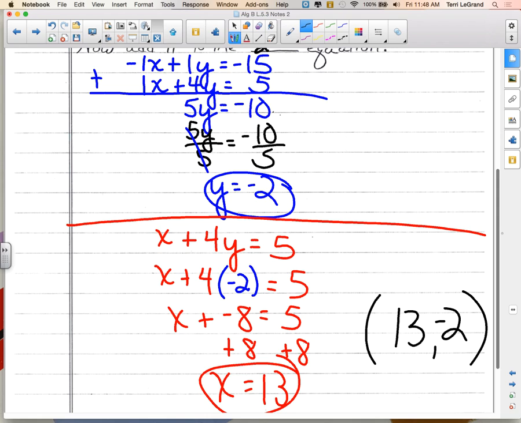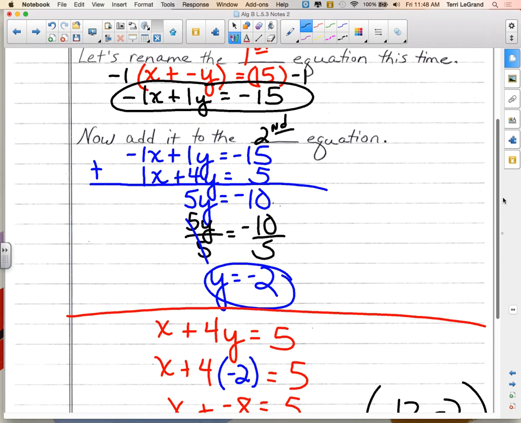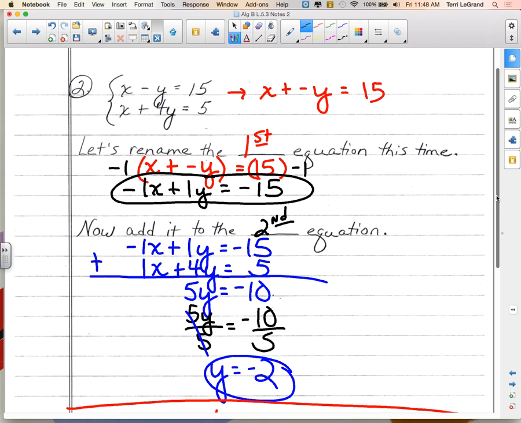Okay, the reason we would solve for the y first is this, because we're going to create opposites in the x. Can we, right now, if we multiplied one of the equations by -1, would we create opposites in y's? If I took -1 times the first equation, I'd have a positive 1y. Is 1 the opposite of 4? Okay, just stay with me. I'm trying to decide, instead of worrying about the x's right now, let's see if we can get rid of the y's.